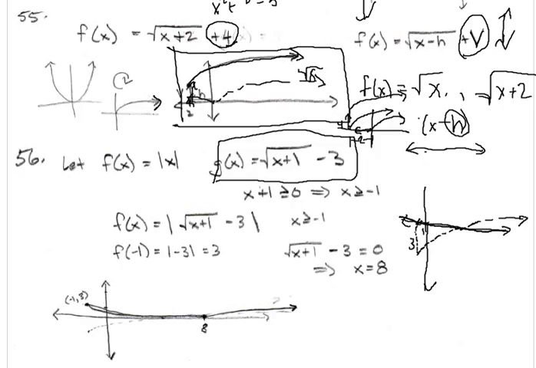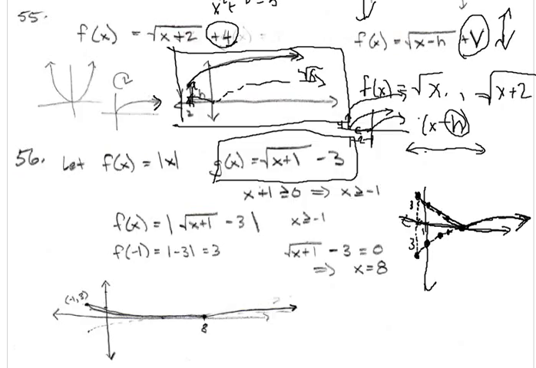So any negative value here gets shifted right on up, so this is 3 units, to the other side as a positive value, right? So a negative value here gets shifted up to a positive value here, a negative value here gets shifted up to a positive value here, and we continue this all the way until we get to the 0 of the function, right? And then positive values of x, you just return back positive values of x.